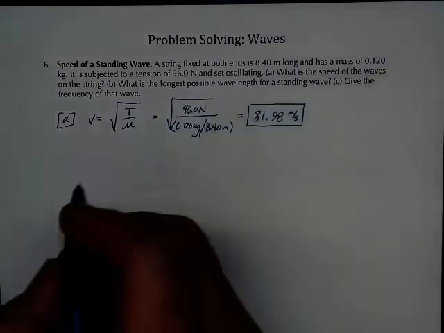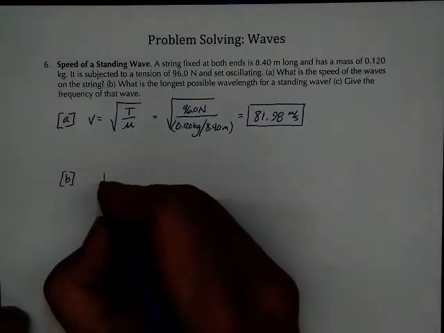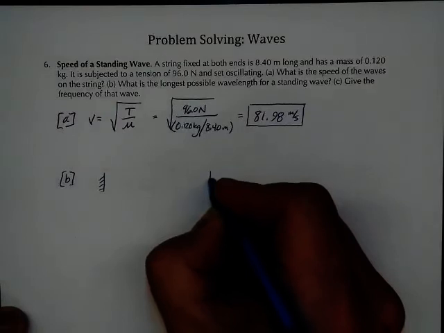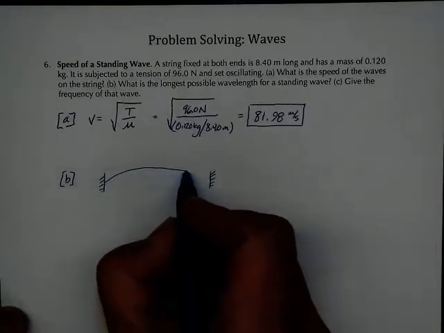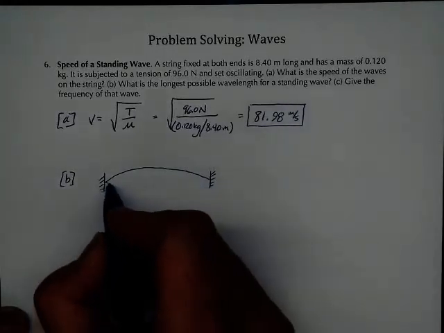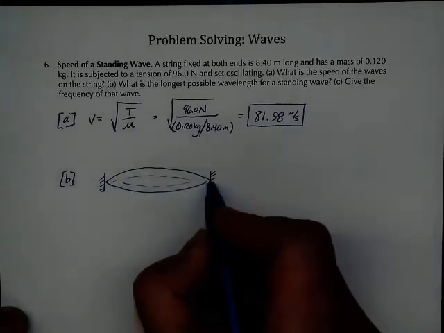We want to know the longest possible wavelength for a standing wave. Well, if you have the string fixed at both ends, again, the longest possible wavelength is you take that fundamental mode of oscillation that looks something like this, and that represents 1/2 a wavelength.